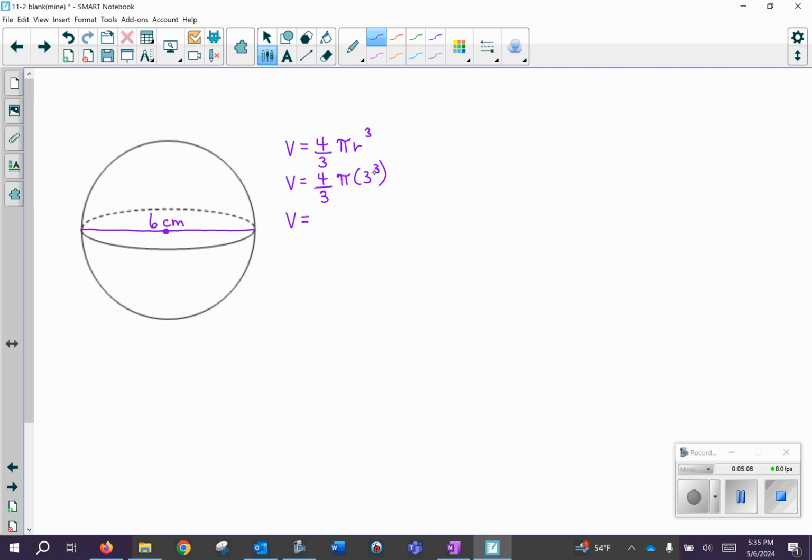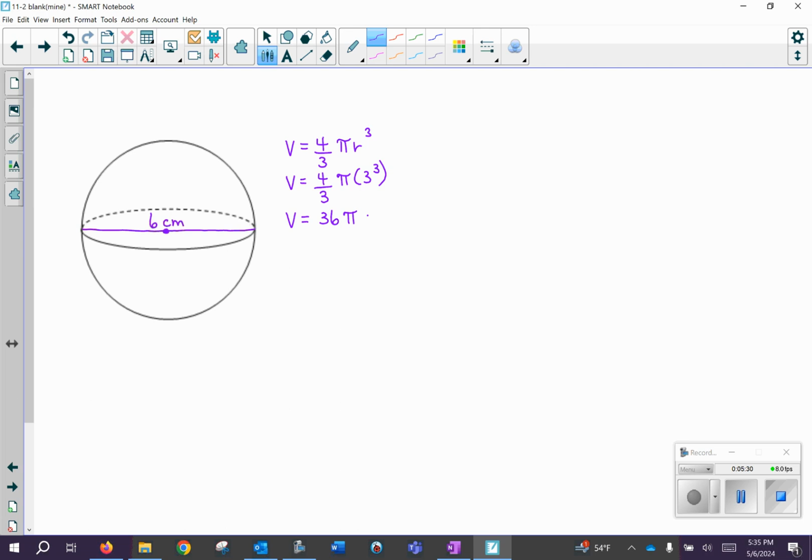Okay, let's try that again without too much calculator if we can. 3 cubed is 27. I could think of divide by 3 first. That's 9. 9 times 4 is 36 pi. I don't care how you do that, what order, as long as you can get 36 pi. If you want to do 3 cubed on your calculator, 27 times 4 push equals, divide by 3 push equals, you still better get 36.